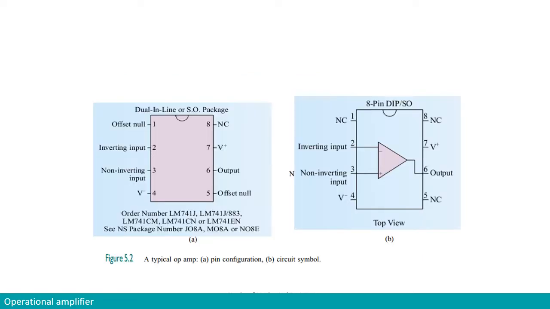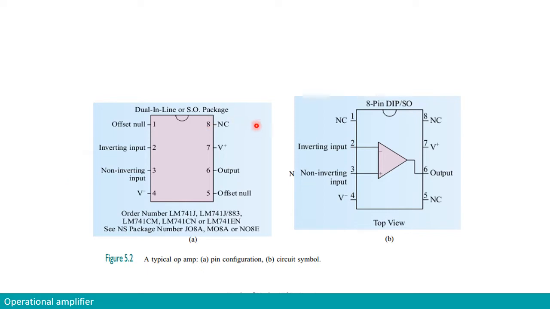If we look at the schematic diagram, this is the physical object. The marking that we see on the physical op-amp is these markings, and the numbering usually goes in this direction from 1 to 8, and these 8 terminals represent the things that are written over here.